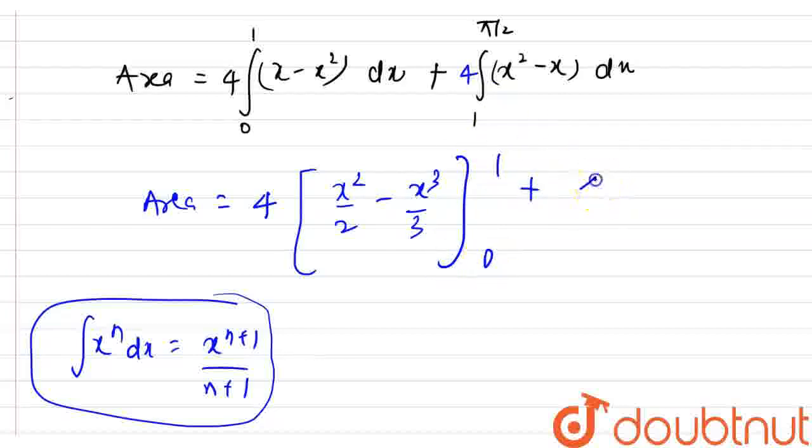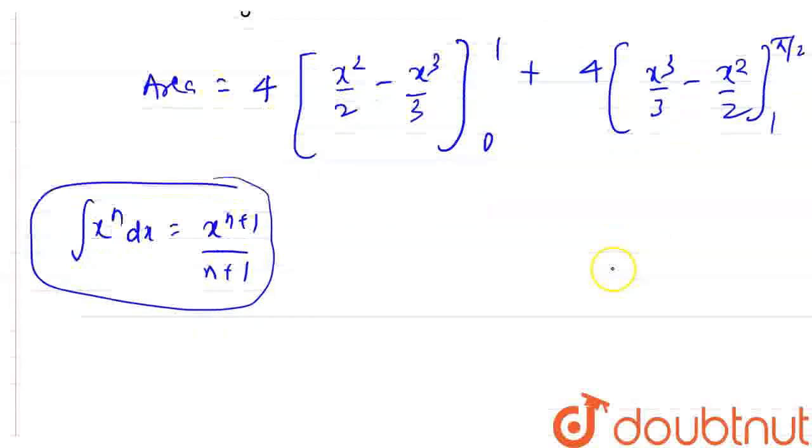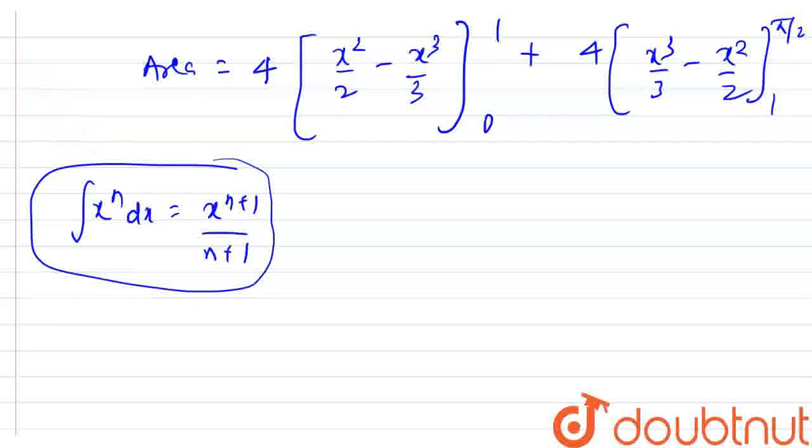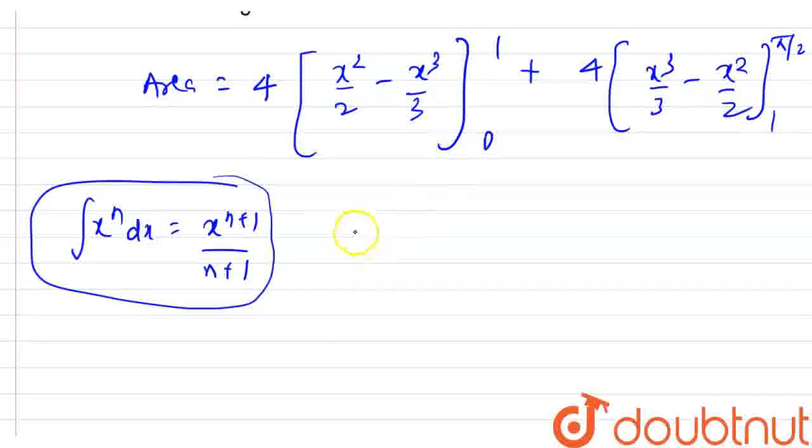plus this 4 times x cube over 3 minus x square over 2, here with the limit 1 to pi by 2. Finally I'm putting in the limits, which is upper limit minus lower limit.